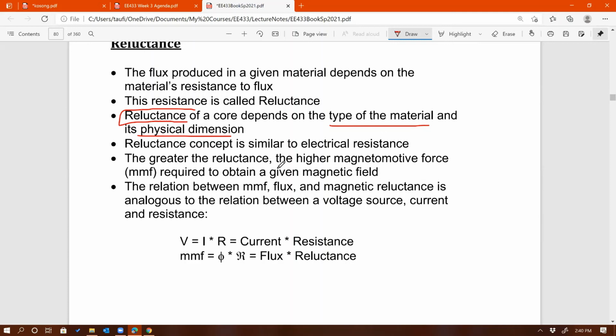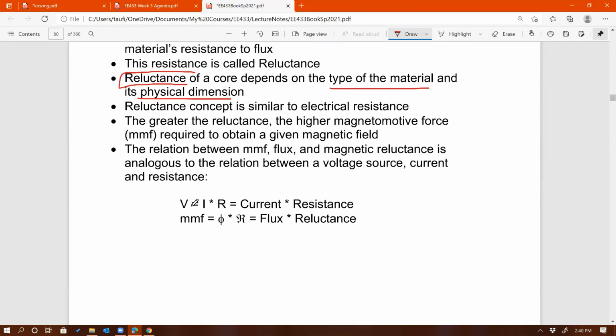The relationship between MMF, flux, and magnetic reluctance is analogous to the relation between a voltage source, current, and resistance, which is convenient, because we're EEs, we are very familiar with voltage, current, and resistance, but not so with MMF, flux, and magnetic reluctance.